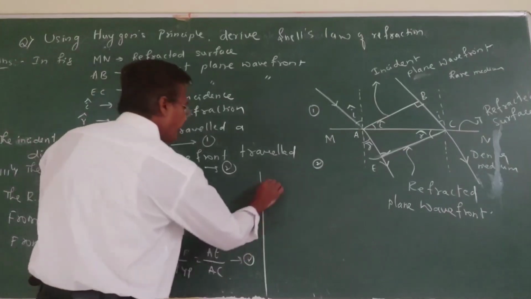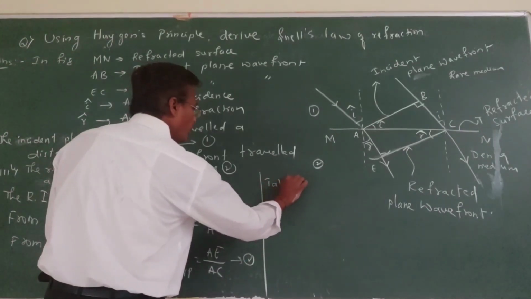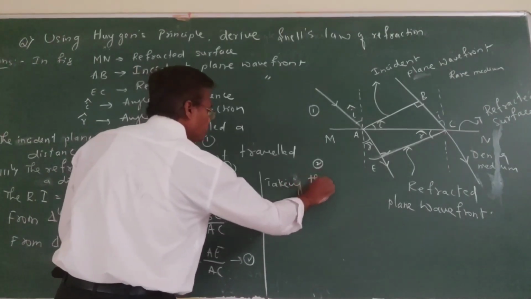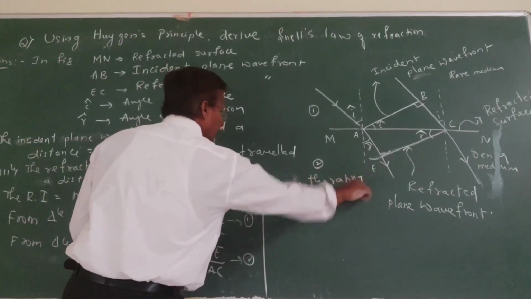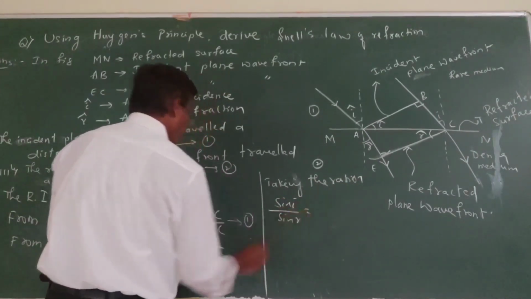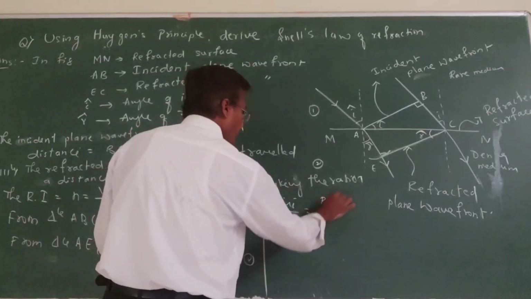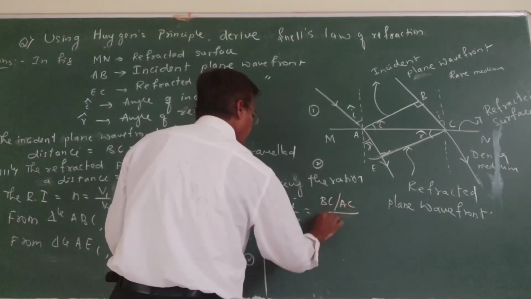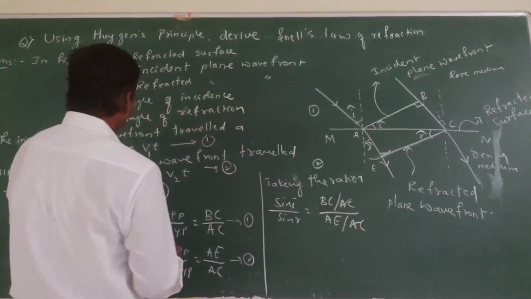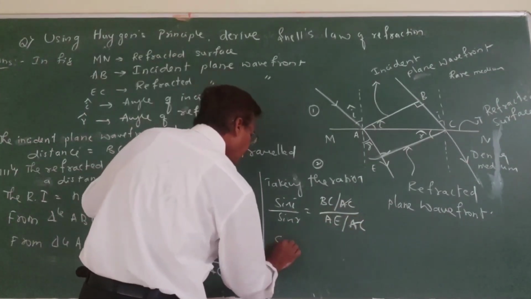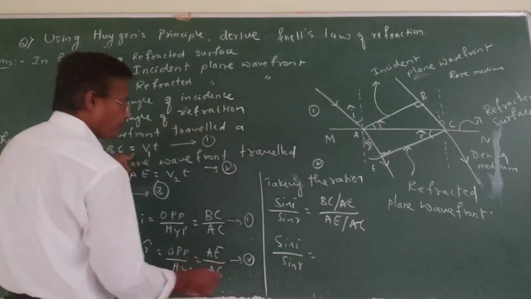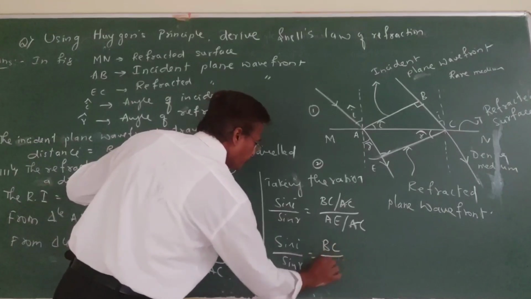So take the ratio of sin I by sin R, equal to BC by AC divided by AE by AC. This AC gets cancelled. So sin I by sin R equal to BC by AE.